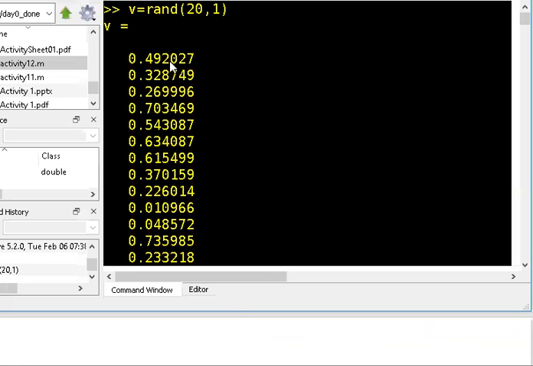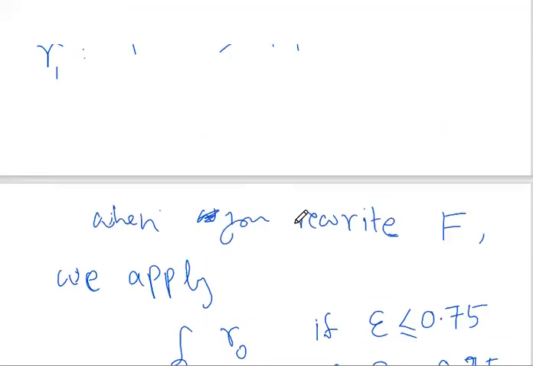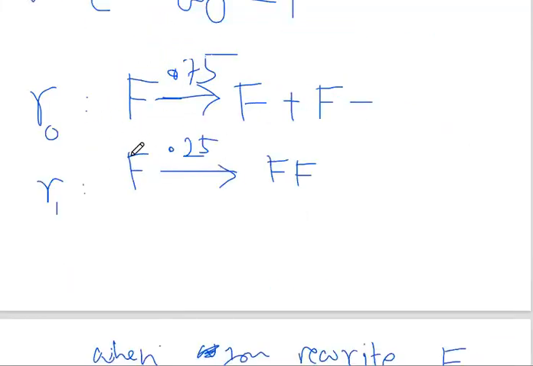After using these random numbers, I cross this off. Then I will generate the next rewrite, W2. When I read this word from left to right, I first encounter this character, which is a variable.